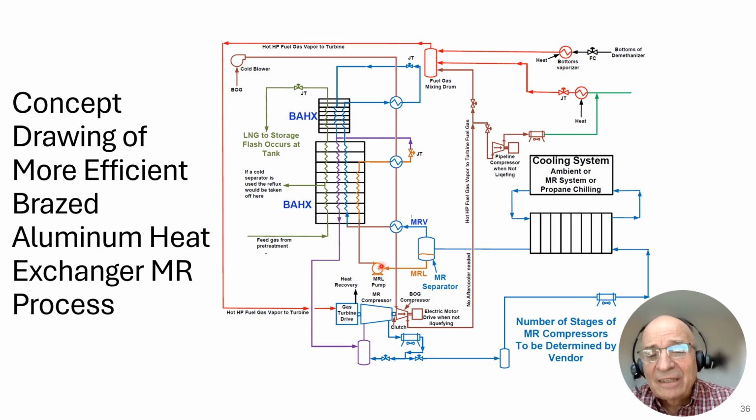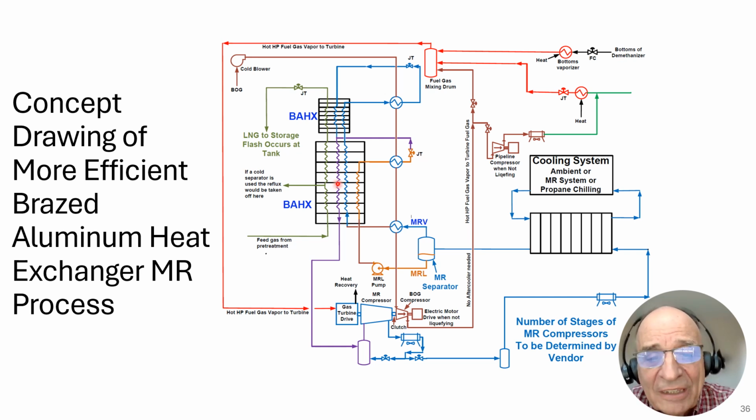Take the MRL and we subcool it even further, and then we flash it across a JT valve and put it into this stream, which goes back to the compressor suction drum. And in doing that, this might be operating at maybe minus 180, minus 200 degrees Fahrenheit, but it's kind of cold and it's doing a lot of cooling in here.